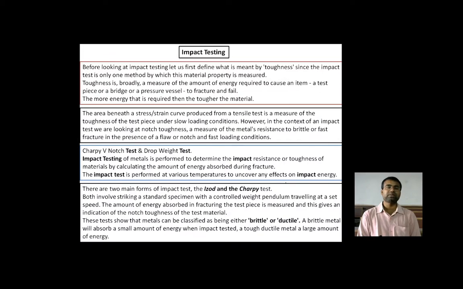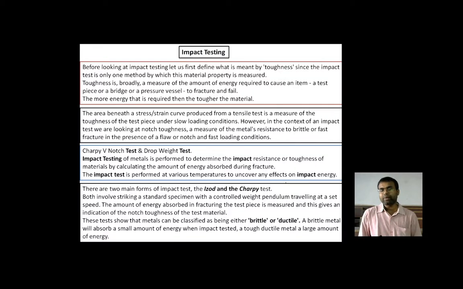So toughness is broadly a measure of the amount of energy required to cause an item, a test piece or a bridge or a pressure vessel to fracture and fail. The more energy that is required, the tougher that material. So why are we introducing this word tougher?